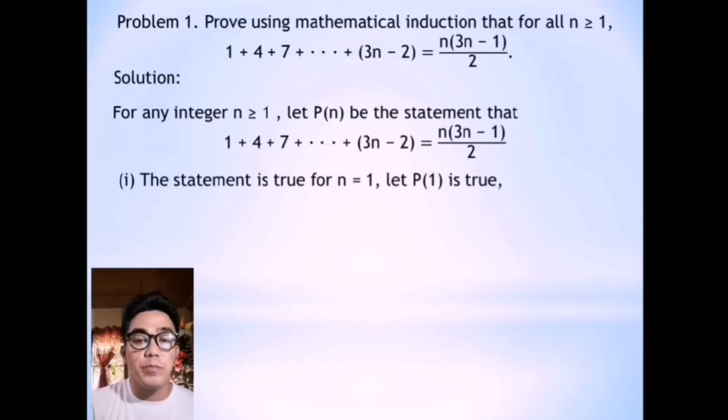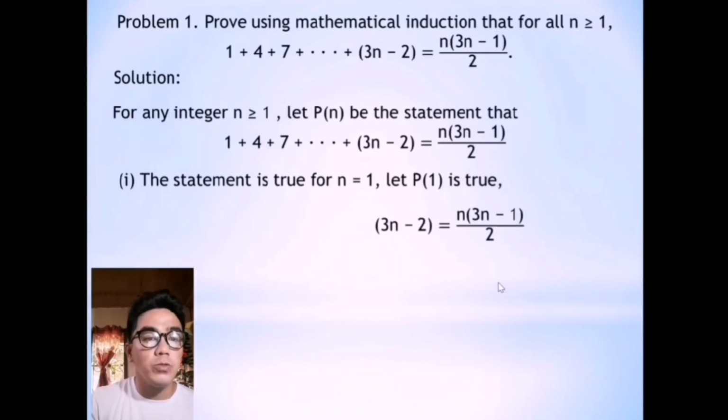So how are we going to prove that n equals 1 is true? We're going to use these two expressions: 3n minus 2, and n times (3n minus 1) over 2. So bring them down here. Then we're going to substitute the value of n as 1. So 3 times 1, and 1 times (3 times 1 minus 1) over 2.